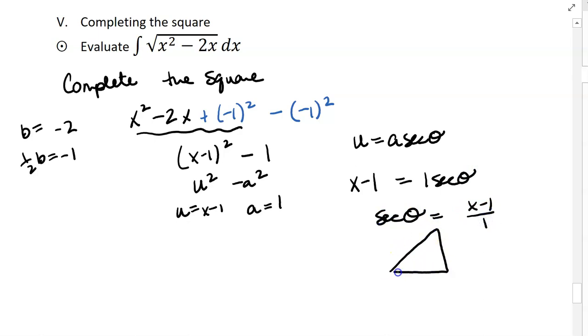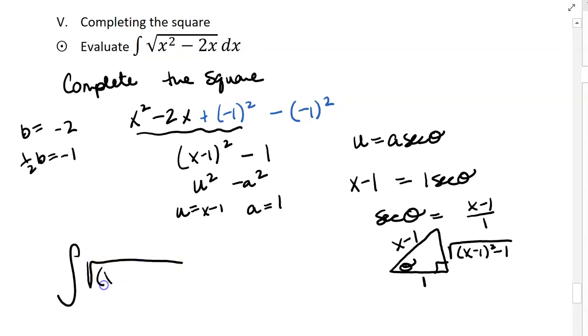And of course that leads us to a triangle where the hypotenuse is x minus 1, the adjacent is 1, and the other side is the square root of x minus 1 squared minus 1. And this is important to understand. When we complete the square, our integral is now the square root of x minus 1 squared minus 1 dx, because those are equivalent.